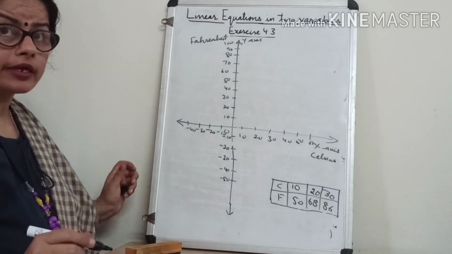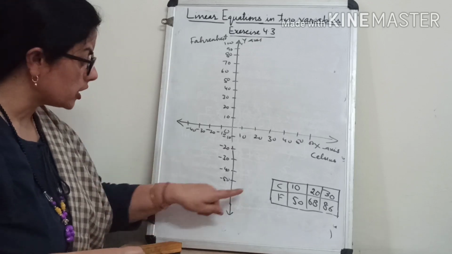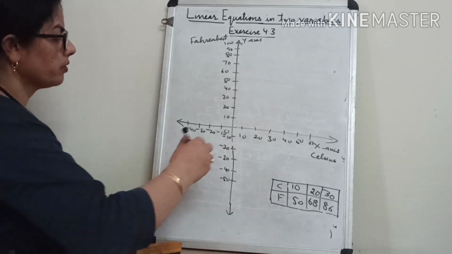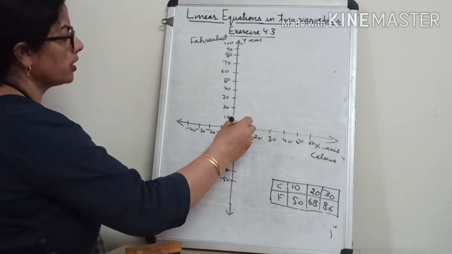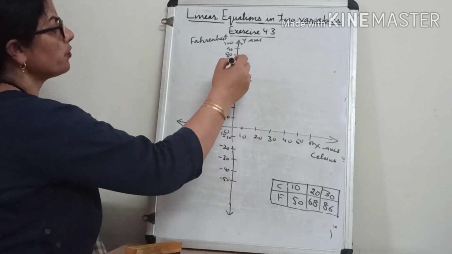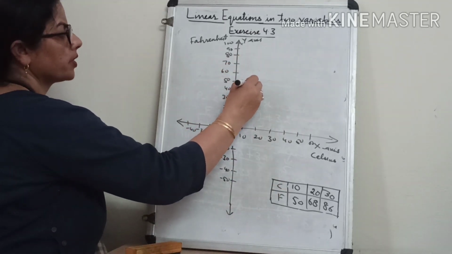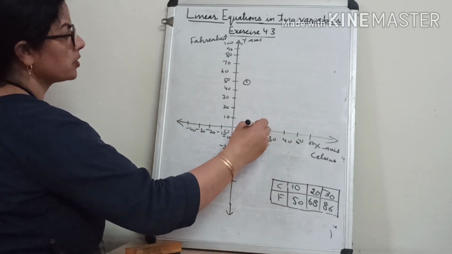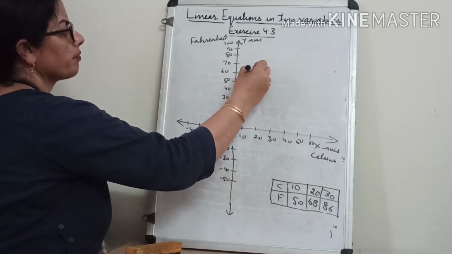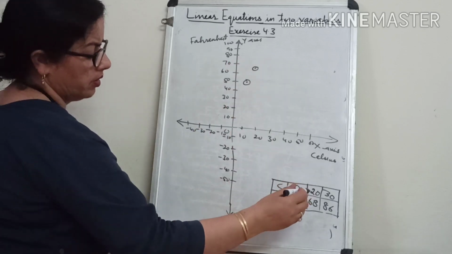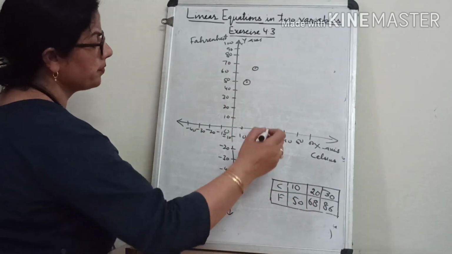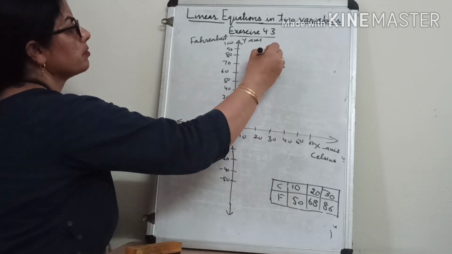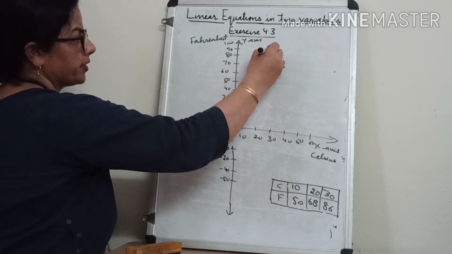In this way we will make it. Now these points we want to plot here. When C is 10, then F is what? Then F is 50, means here. When C is 20, then F is 68. When C is 30, then 86. 86 means the sixth line after 80.